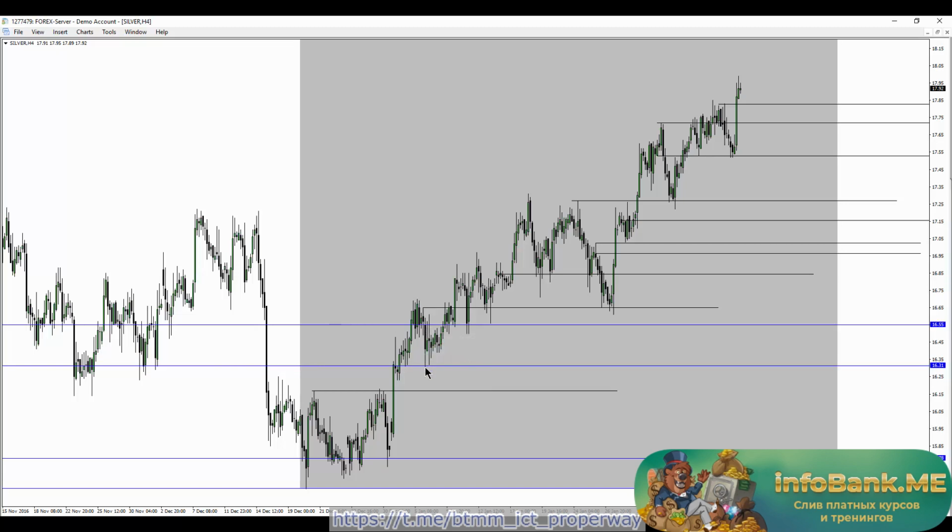Down candle right in here. Hits it, trades away, creates a new high. Okay, we have this down candle here.